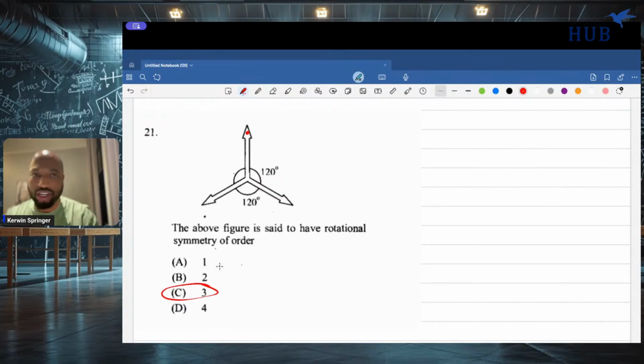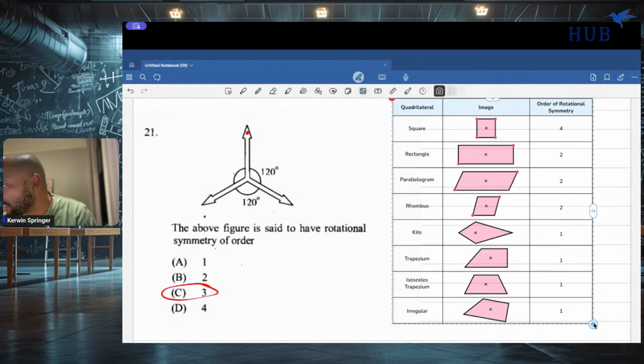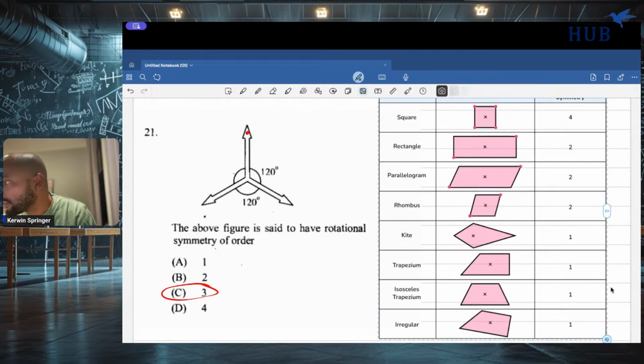Let me just do a quick double check of this. I'll do a quick little study of this here. So a square has 4.